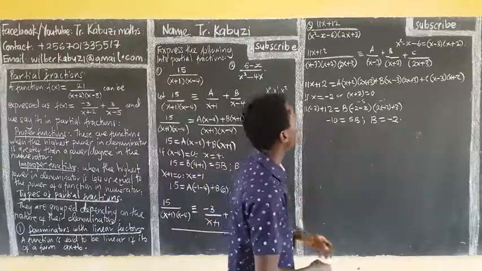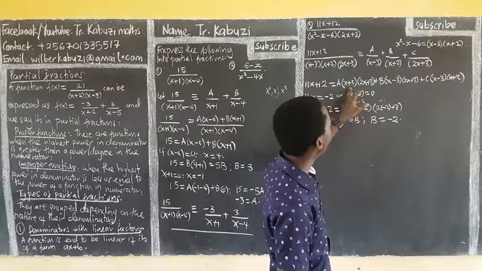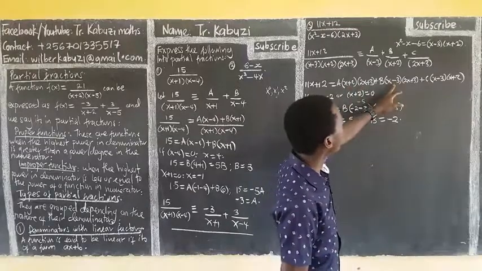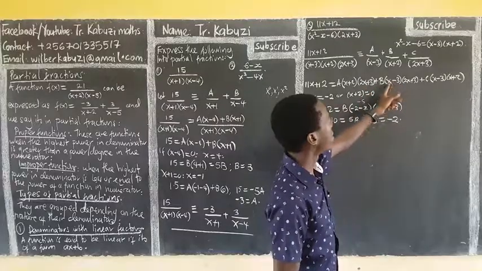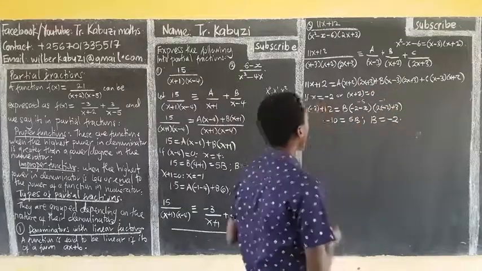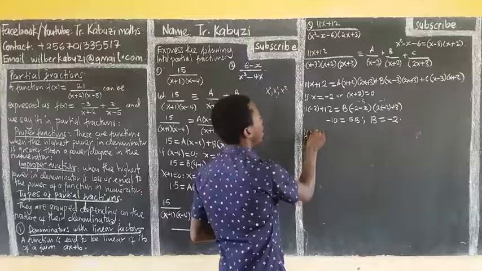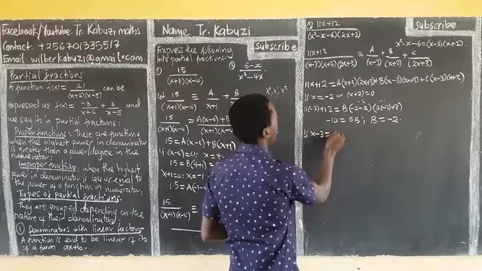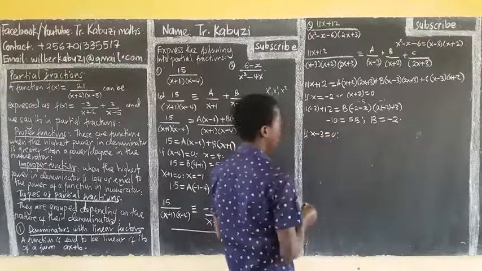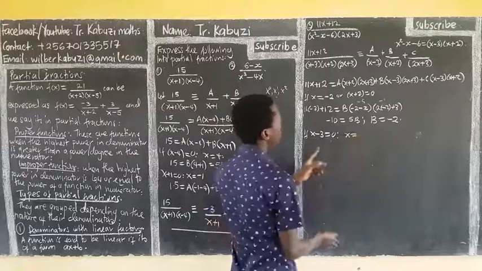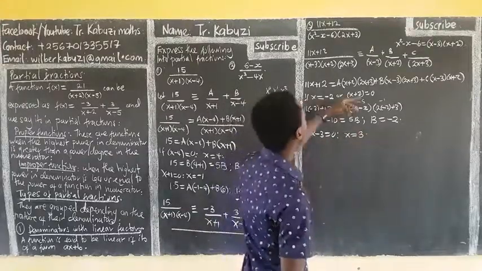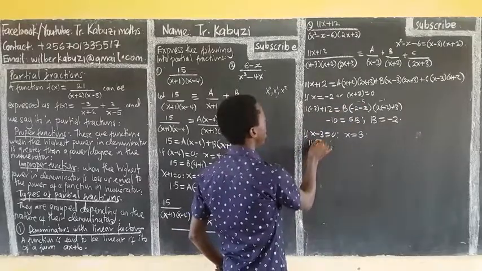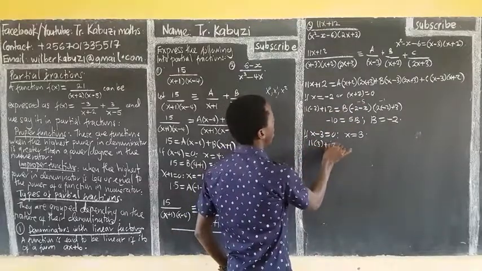Now to get the value of A, it means that you get the bracket that is not here, and equate to 0. So this bracket is not here. So we say, if x minus 3 is equal to 0, it means that the root is going to be x equal to 3. You take this side, it's going to be 3. So when you put in 3, you're going to have 11 into 3 plus 12.